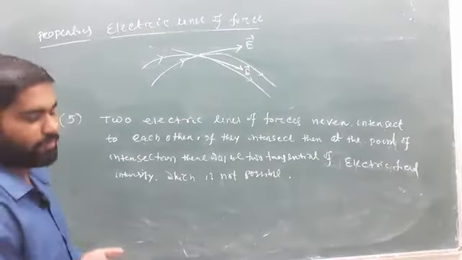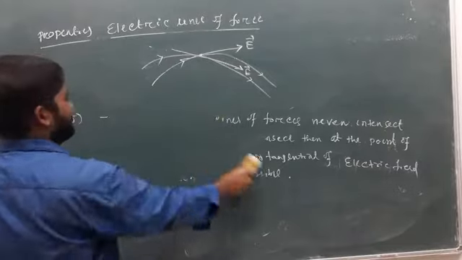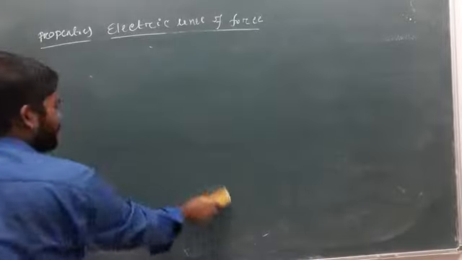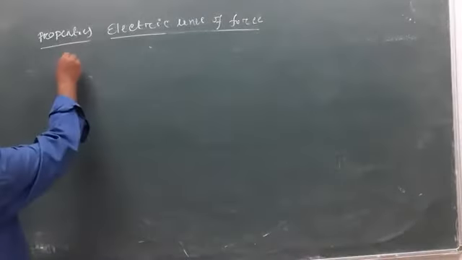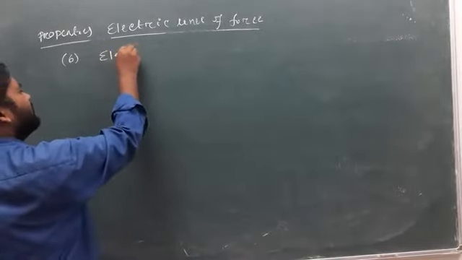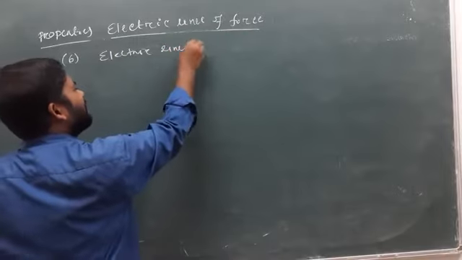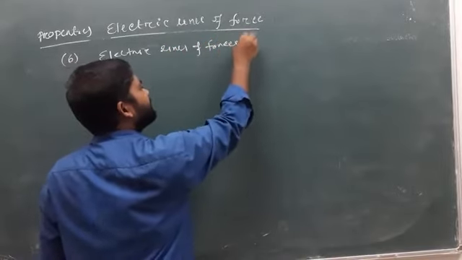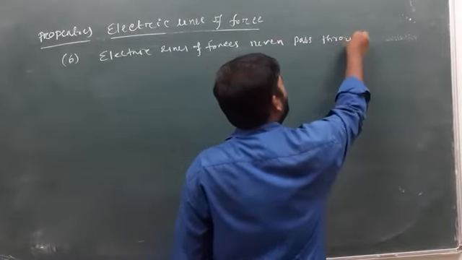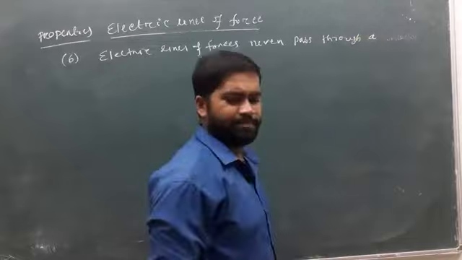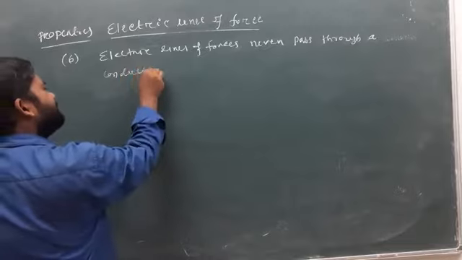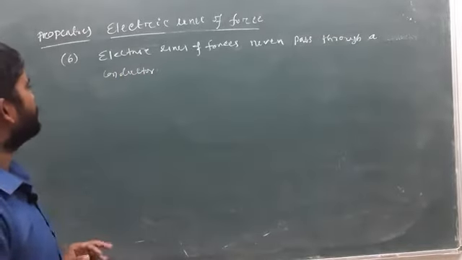Number 6th property is also an interesting property: electric lines of force never pass through a conductor.